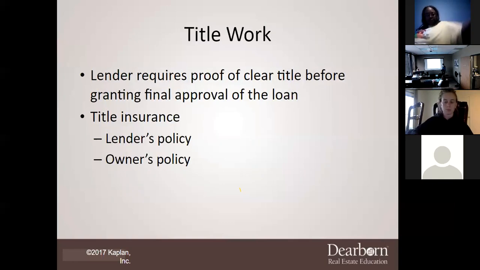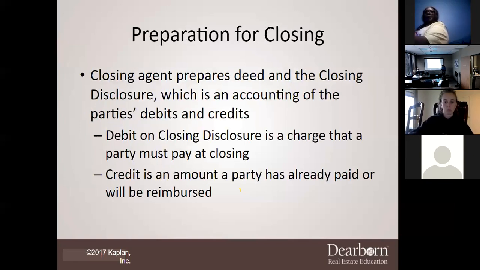Yeah, so you've got to make sure the title commitment is good. You've got to make sure your title is good. And now we're preparing for closing. So we got approved. We found a house. We put in a contract. We notified the parties. We sent it to the lender. We got inspections. We went through appraisals.